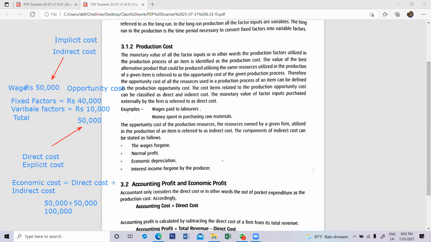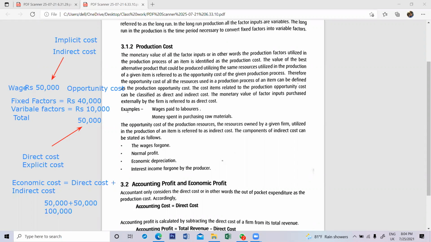If we look at the accountant's point of view, the accountant never concentrates on opportunity cost. When you make an income statement, I mean profit and loss statement, or the statement of financial position, you do not add opportunity cost. It includes all financial expenses which the business has incurred. Economists concentrate on both explicit and implicit cost.